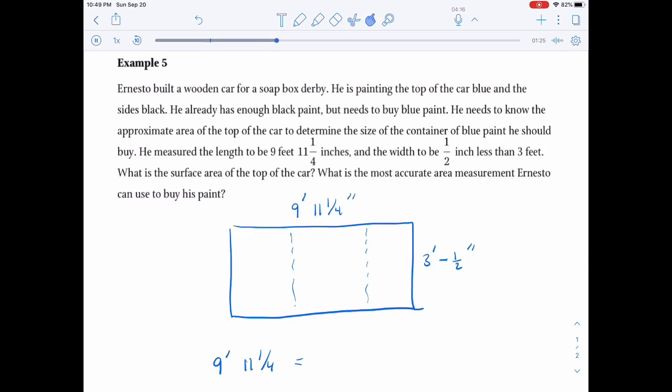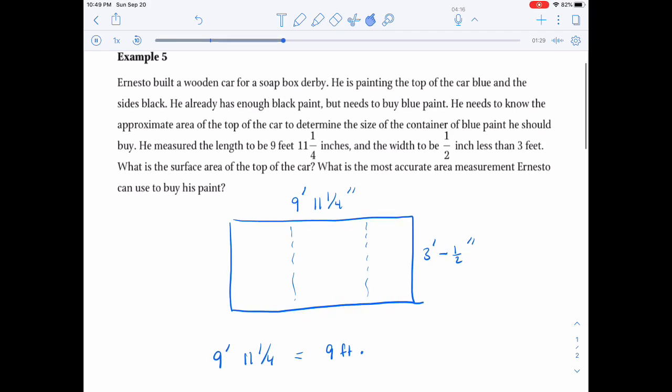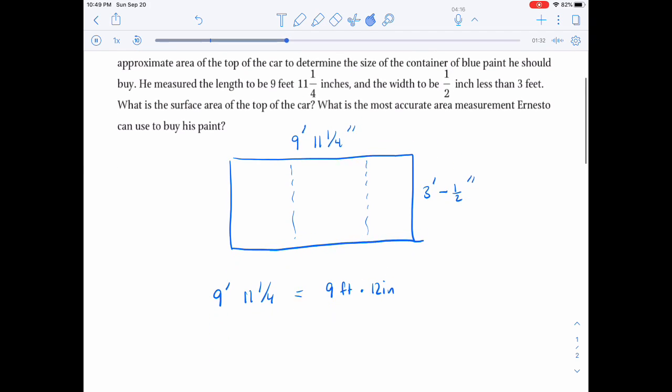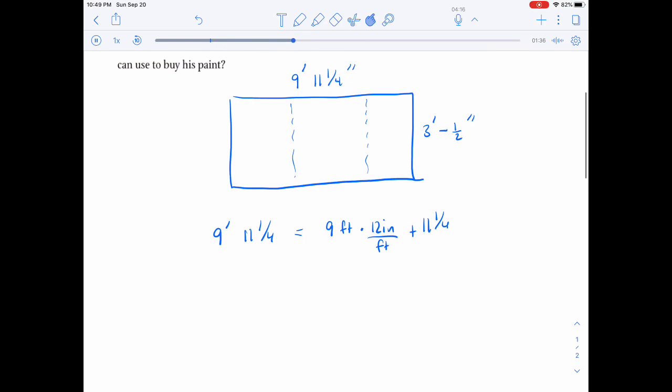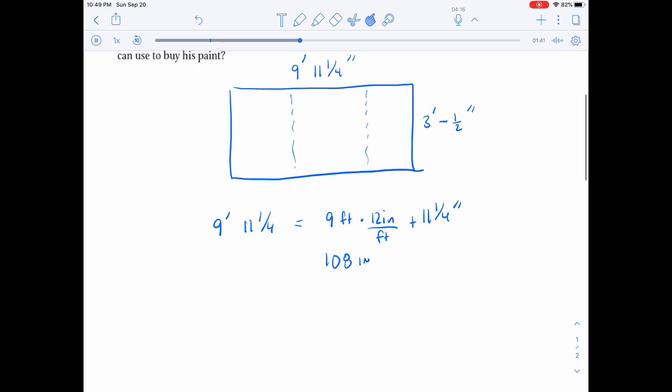And that is equivalent to 9 feet multiplied by 12 inches per foot plus 11 1/4 inches, giving us 108 inches plus 11.25 inches, equaling 119.25 inches.